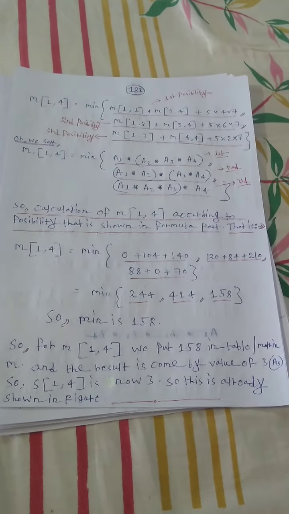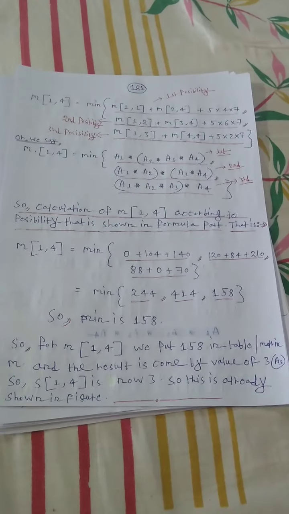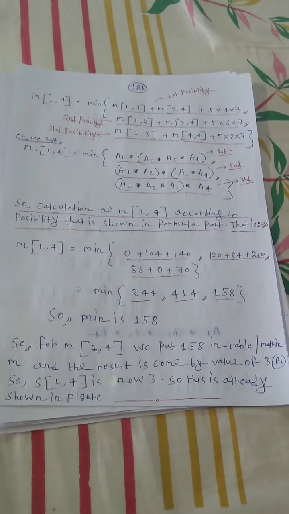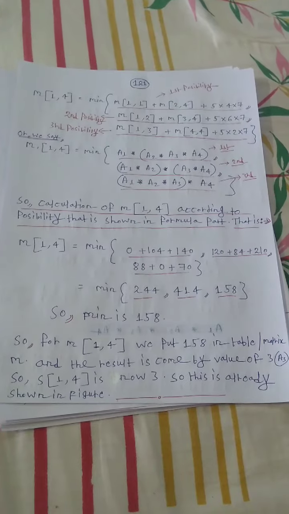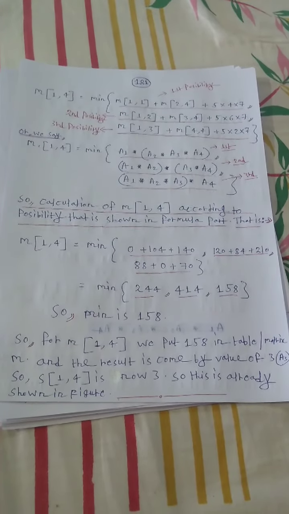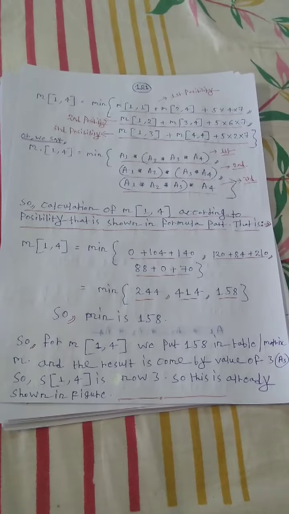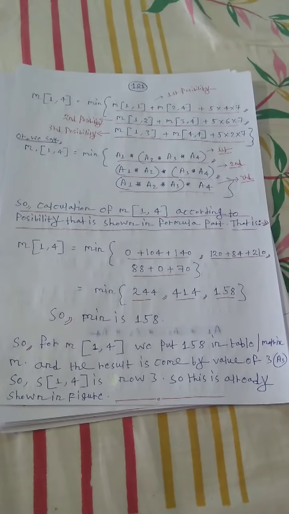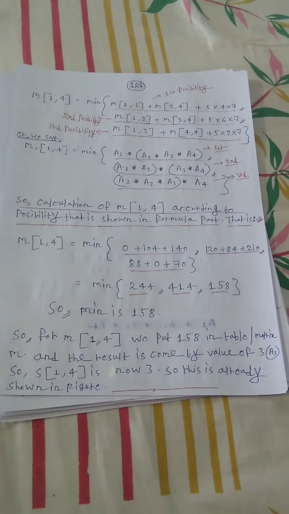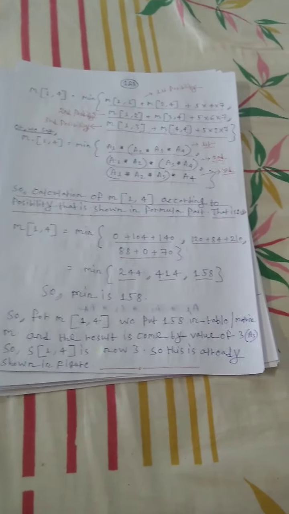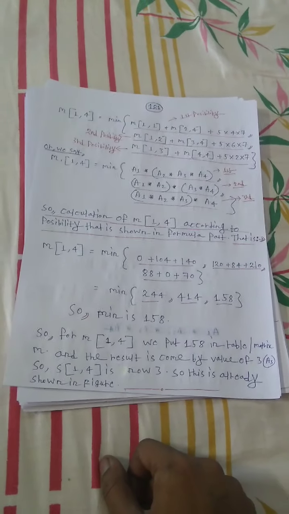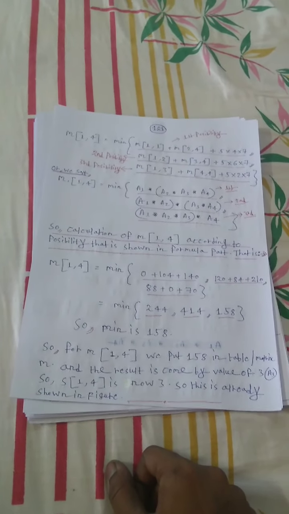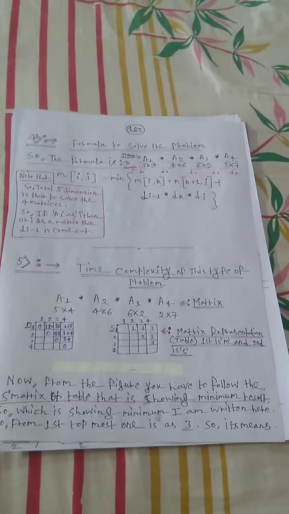Calculating m14 according to these possibilities, the first result is 244, the second is 114, and the last one is 158. Here 158 is the minimum, so for m14 we put 158. This is shown in the figure.